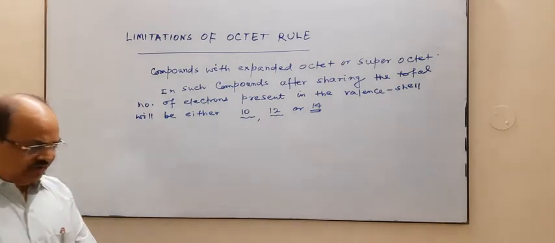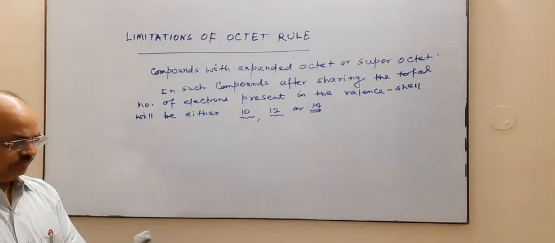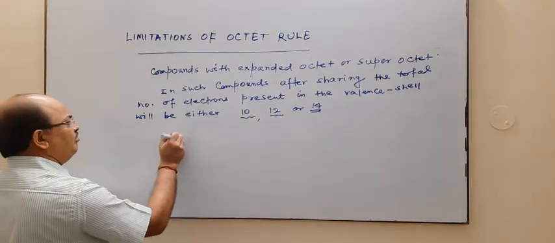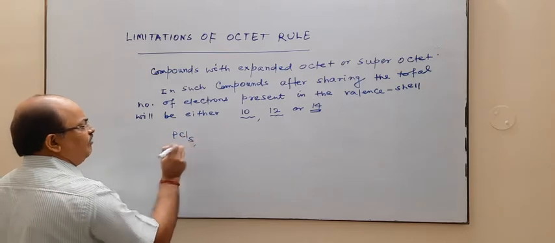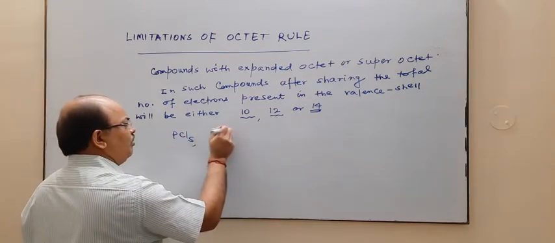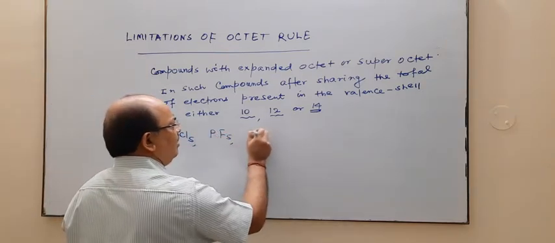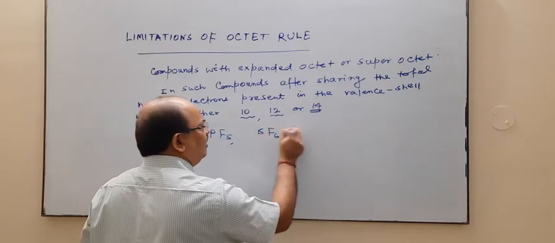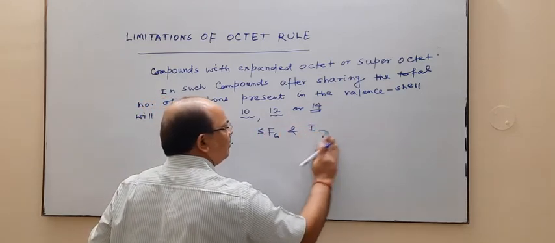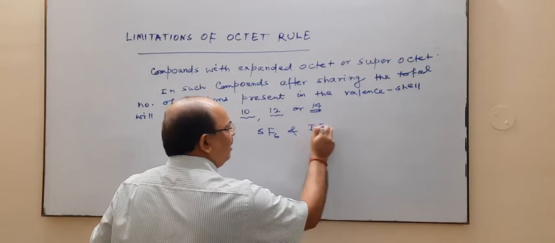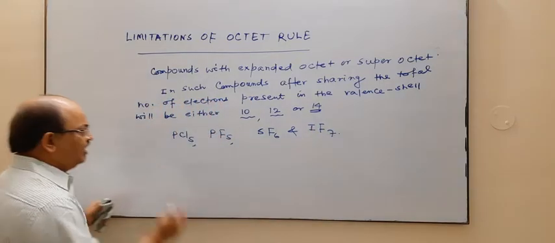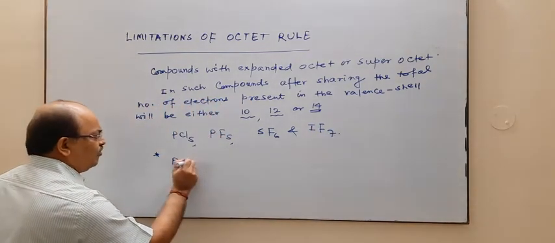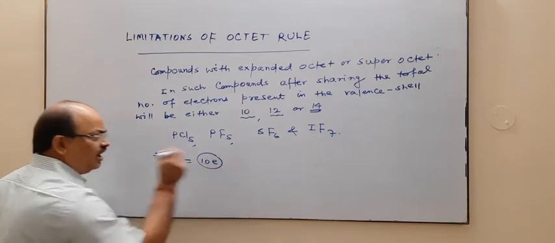For example, let us see examples of such compounds with superoctet. The examples are PCl5, PF5, SF6 and IF7. In this case, on phosphorus we have 10 electron.